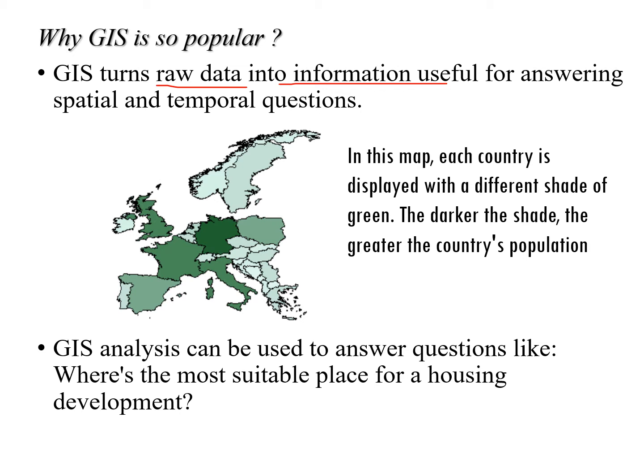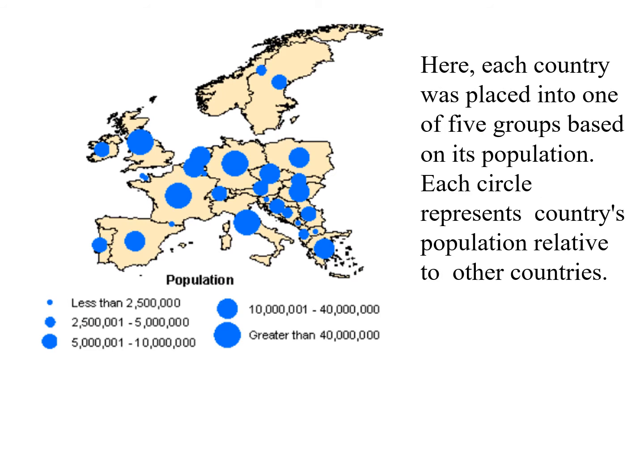So GIS analysis can be done to get the answers to a few of these questions. For example, where is the most suitable place for housing development? So this may not be a question related to the above diagram. Let's understand it in a different way. Here each country was placed into five groups based on its population. So population can also be depicted in a different form.